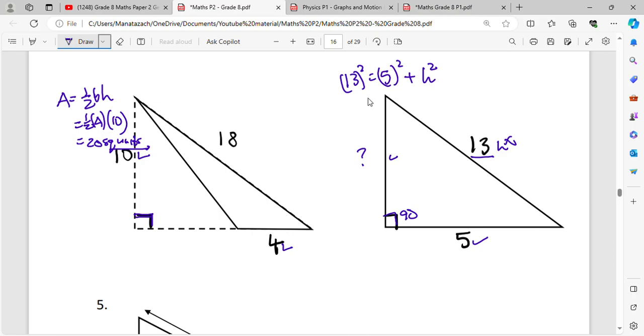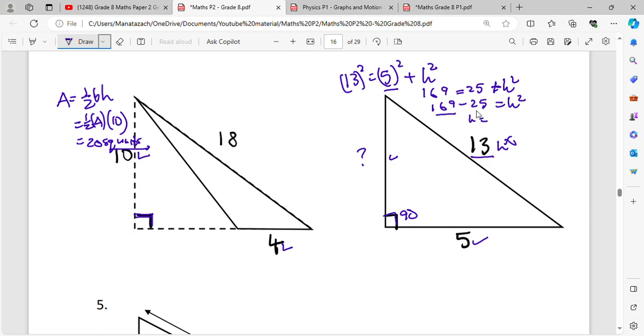Now let's calculate. 13 squared is going to be 169, is equal to 5 squared, which is 25, plus h squared. So we're simply going to solve for h.